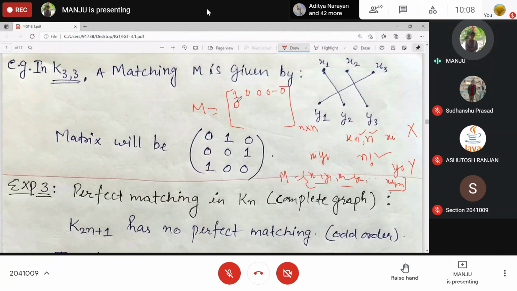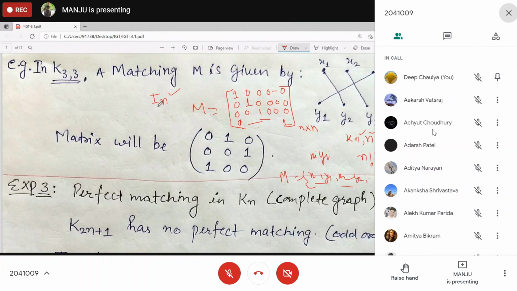Now, x2 is not related with y1, so 0. x2 is related with y2, so 1, and the rest are zeros. Clear? Then x3 is related to y3, so at (3,3) it will be 1, the others 0. And so on. The last one will be 1. Clear?